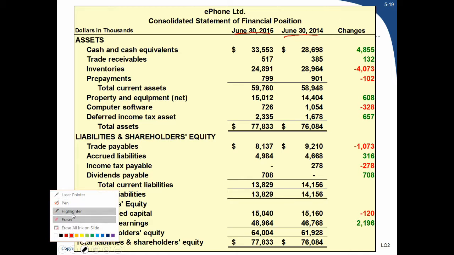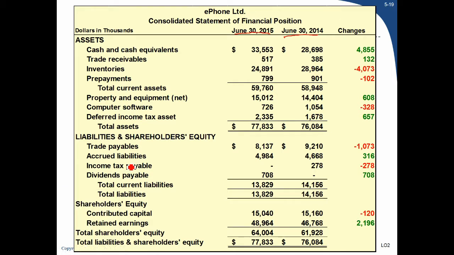So I want you to think very simple. Let's say there were only 2 transactions in the entire year for this company. Let's just focus in on trade receivables, okay? Let's say the first transaction was the customer who owed us the $385 last year paid us. So what's the entry there? Debit cash, credit AR, 385.